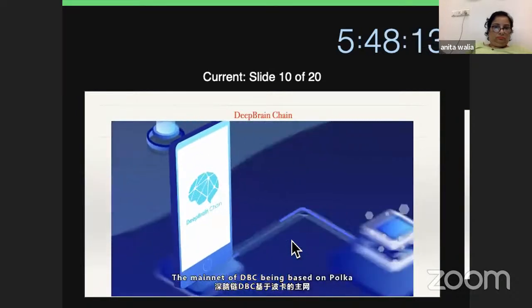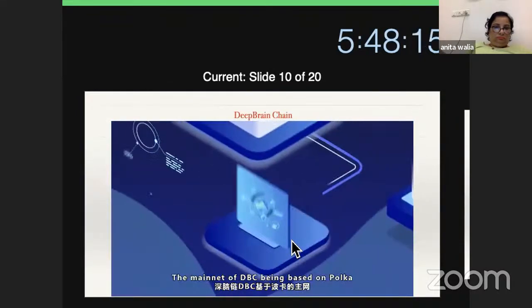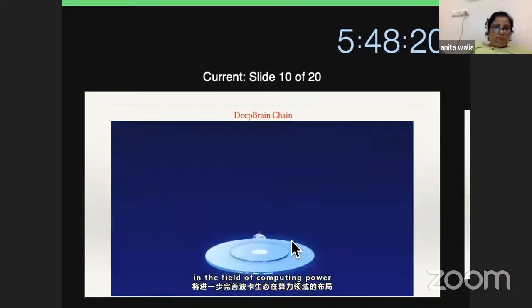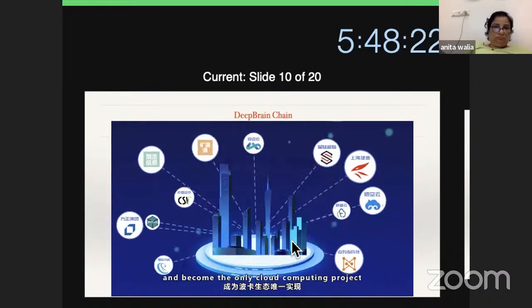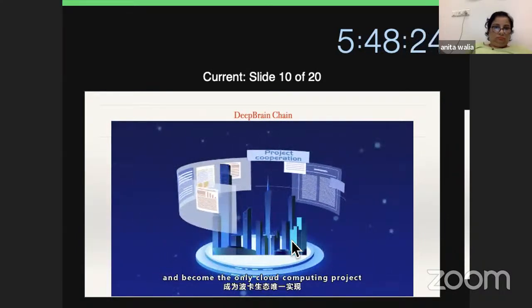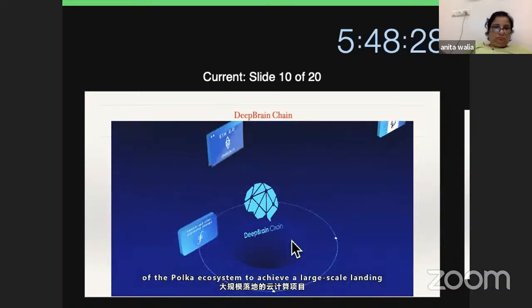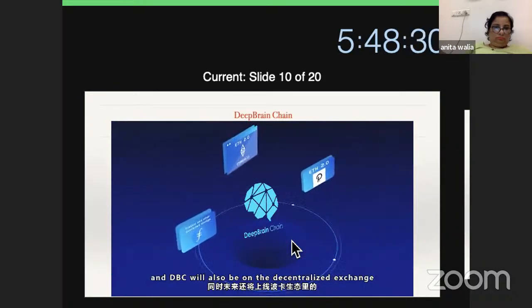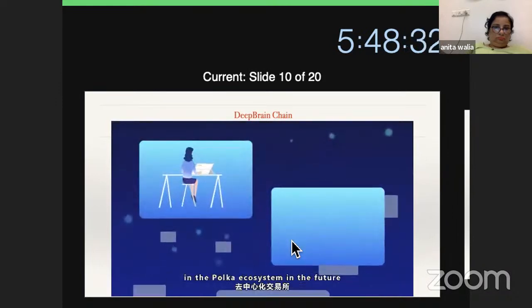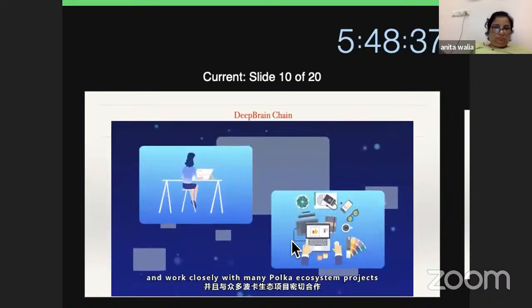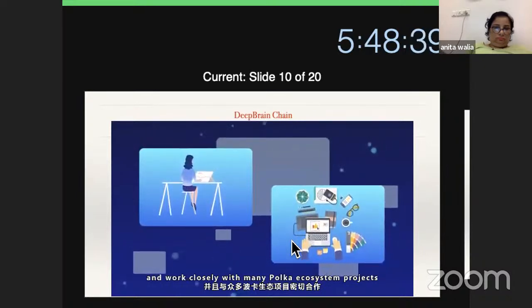The mainnet of DBC, being based on Polka, will further improve the layout of the Polka ecosystem in the field of computing power and become the only cloud computing project of the Polka ecosystem to achieve a large-scale landing. DBC will also be on the decentralized exchange in the Polka ecosystem in the future, and work closely with many Polka ecosystem projects.